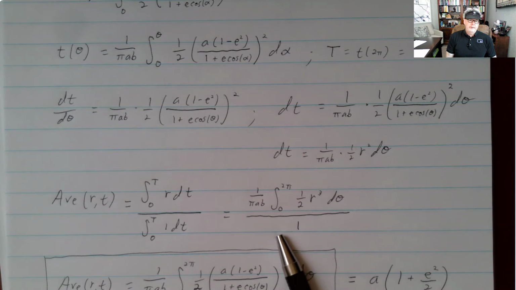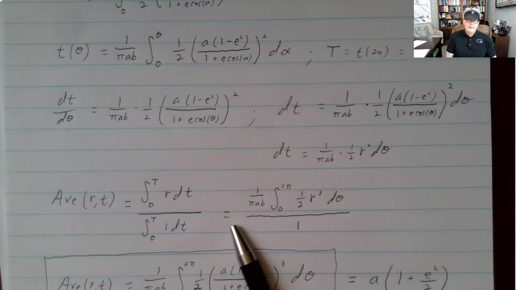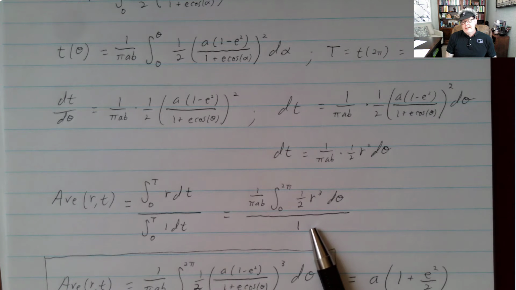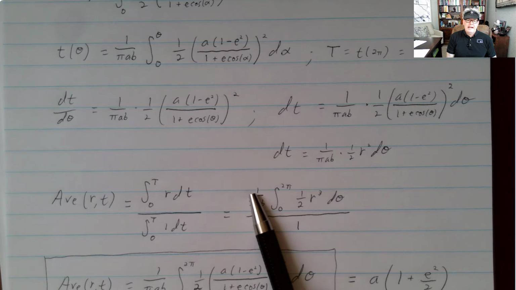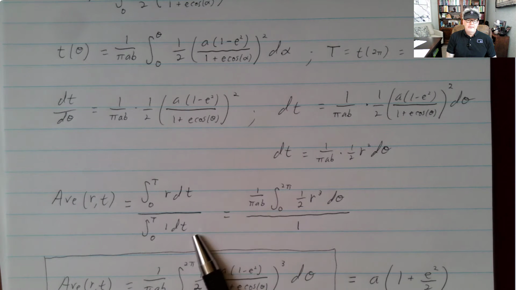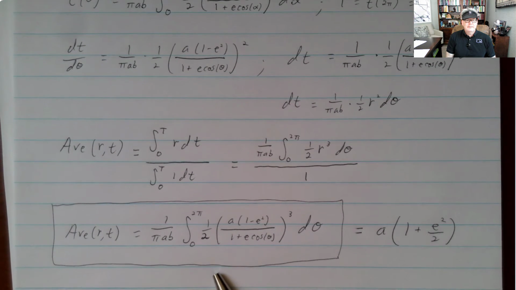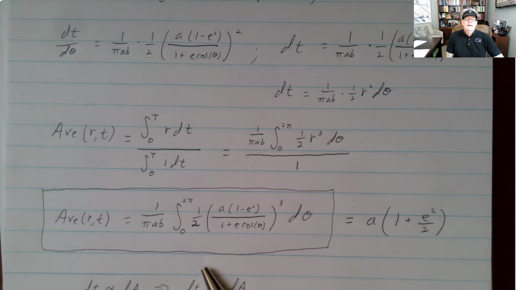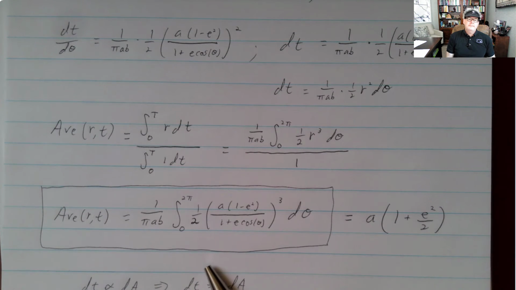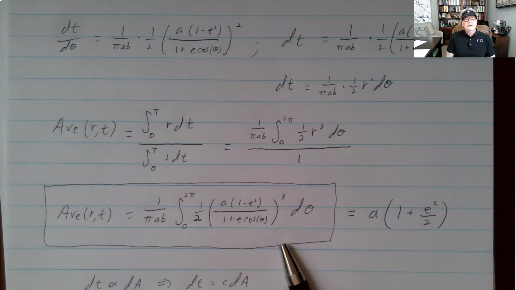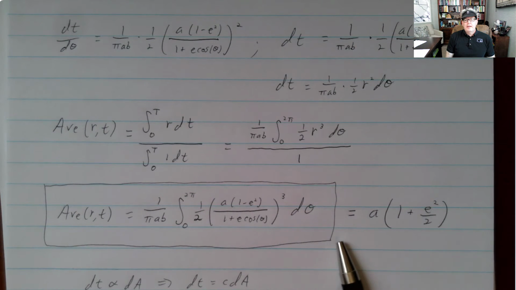And then we've normalized this, so this is going to be 1. But even if we didn't normalize it, if I left that pi AB out, then I wouldn't have it here, but then this would give me pi AB. Either way, you're always going to get the same result. And this integral is doable. Not easy, so maybe I have Maple do it for me. But it's going to end up being this.